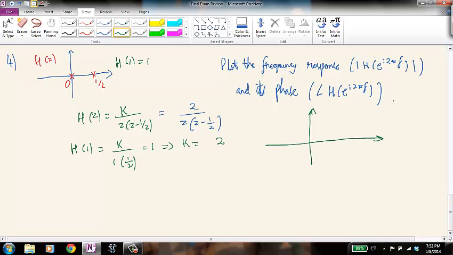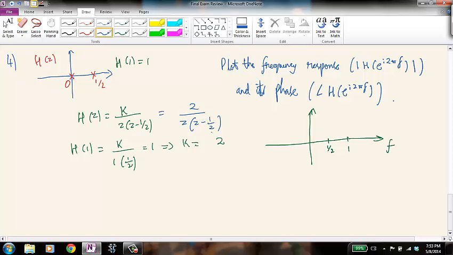So one thing we can be sure about is that both of these quantities are going to have period 1, right? Because e raised to I 2 pi f is periodic with period 1. So for plugging in 0, we have h of z here.